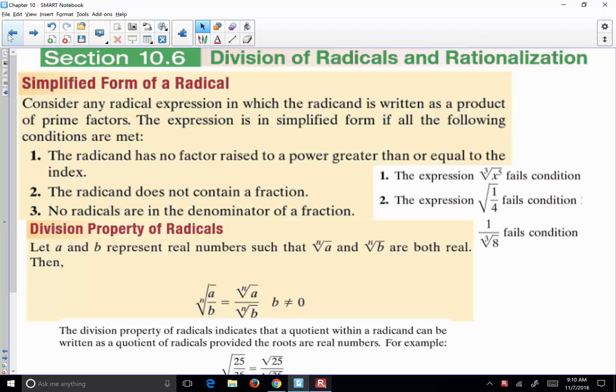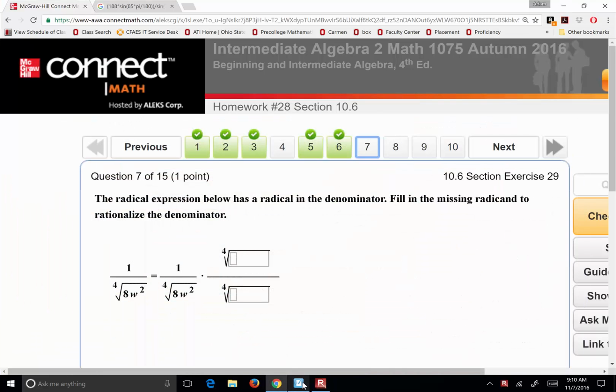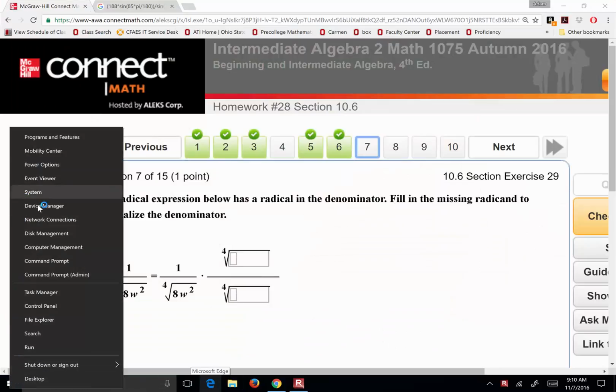Let's remember what we did on Friday. We started dividing radicals. You only need to pay attention to three requirements. What are those requirements?